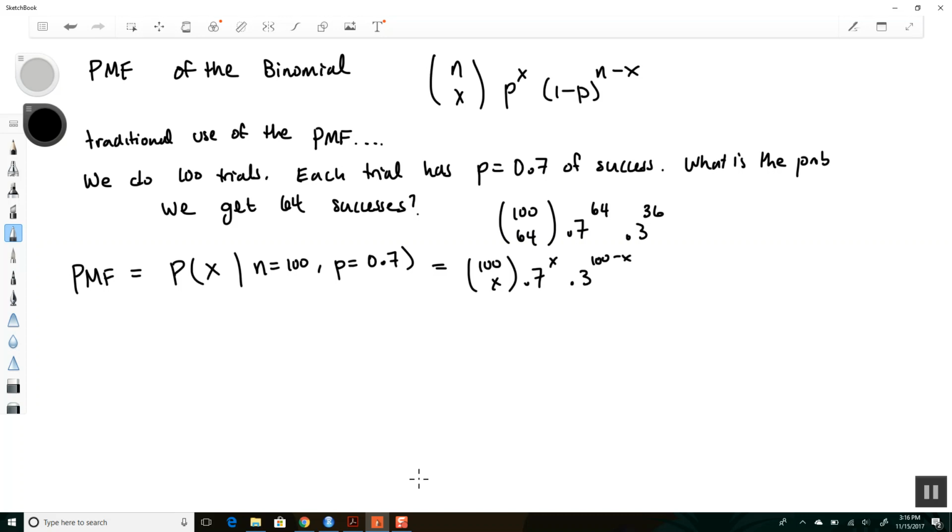This is just using the binomial PMF, the mass function. Here X can be any value between what? Any whole number between 0 and 100. And if we sum all the probabilities of X's, what would we get?